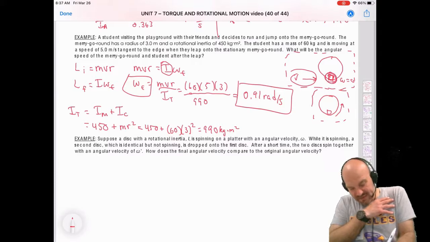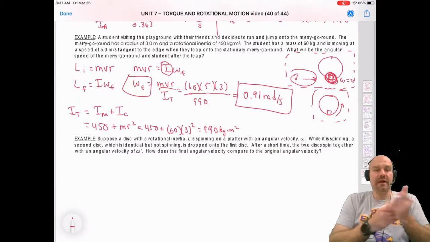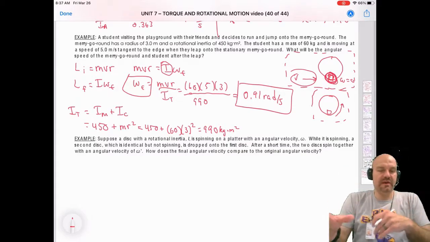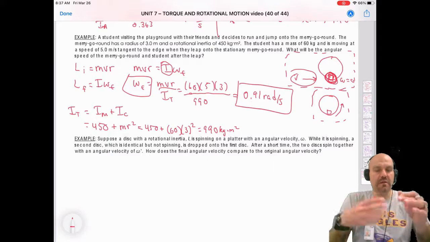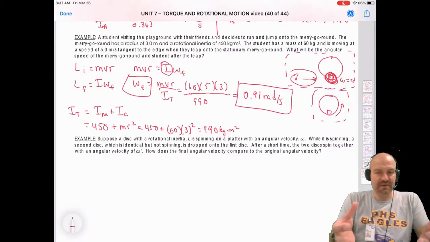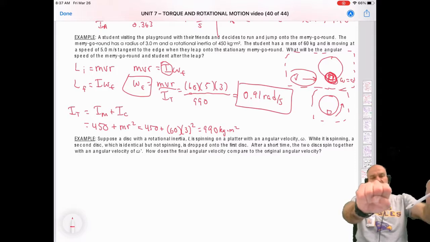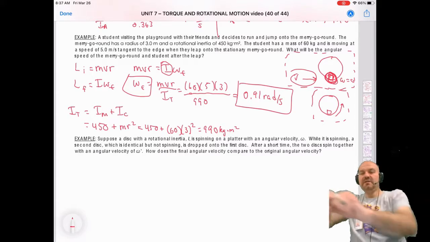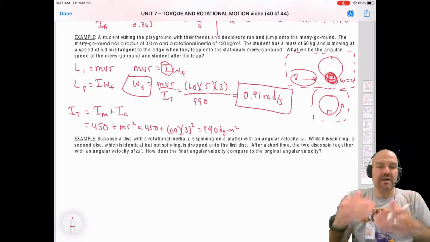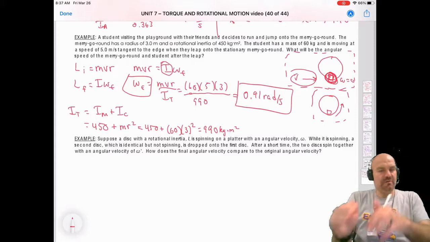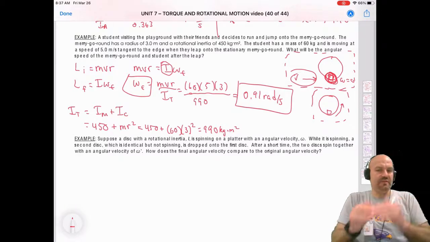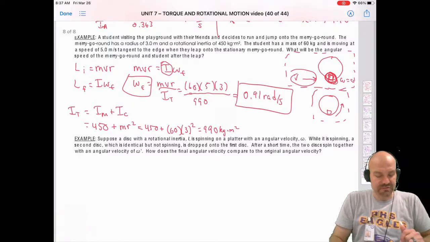So once they get onto the merry-go-round, they're transferring MVR worth of angular momentum onto the merry-go-round, and now they start spinning, right? And it's just like when we had the two trains, right? One train moving, one not, and they stick together. They're now going to be one giant mass afterwards. And so remember, the rotational equivalent of mass is rotational inertia or moment of inertia.